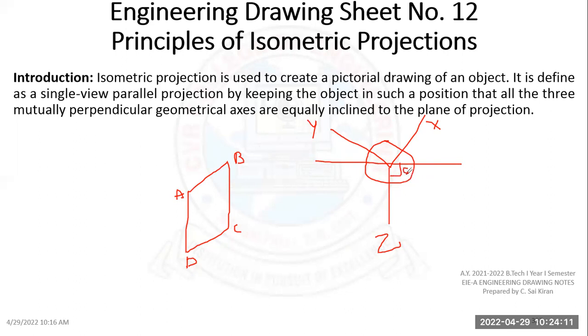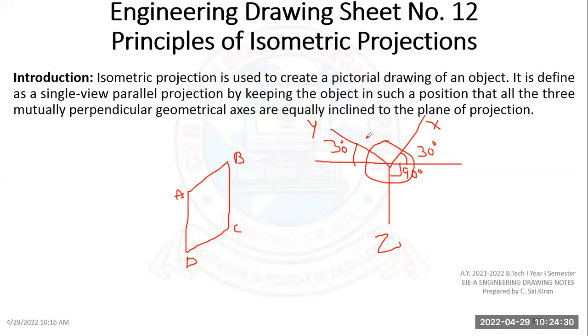The total angle is 120 degrees, and this angle comes as 30. This angle also comes as 30. With respect to the horizontal line, I have to take an angle of 30 degrees. So this will also become 30 degrees.